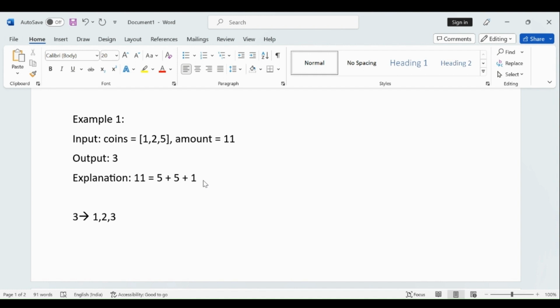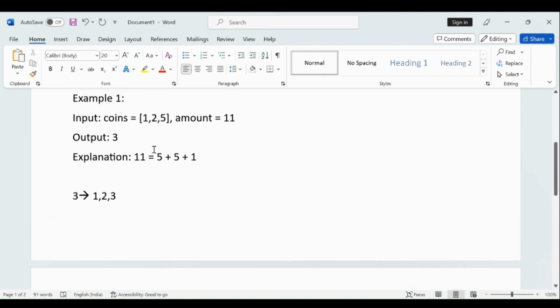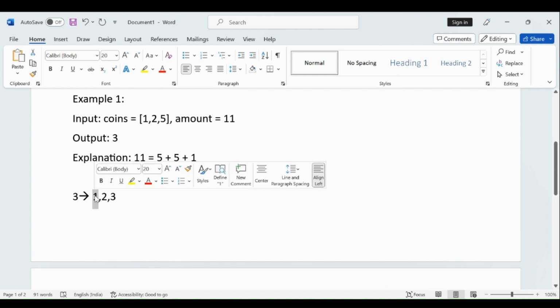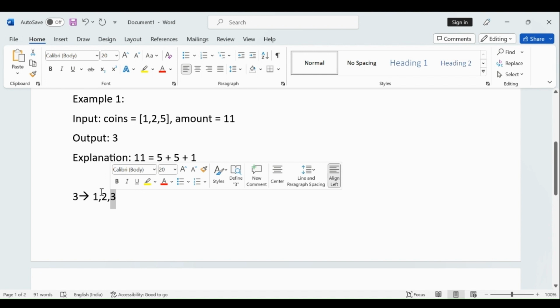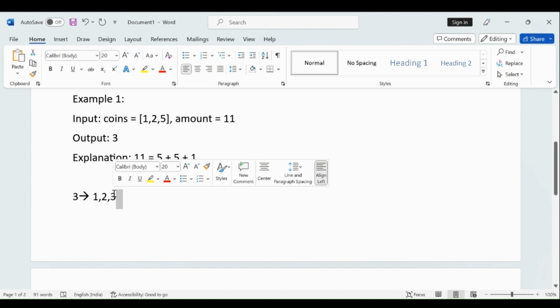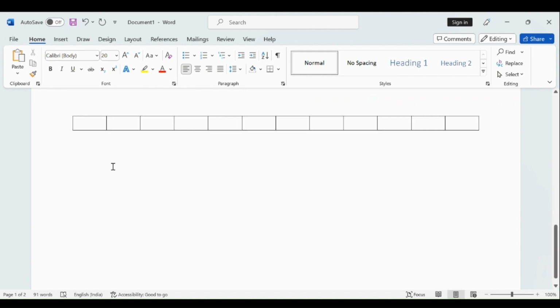Keep this in mind, and also consider one more thing: in this problem, if we know the minimum number of coins required to make up the amount 2, we can easily compute the minimum number of coins that will be required to make up the amount 3. Let's understand this statement by considering this array where every index represents an amount.